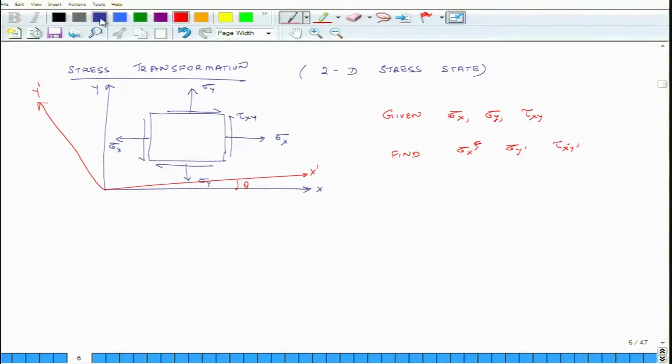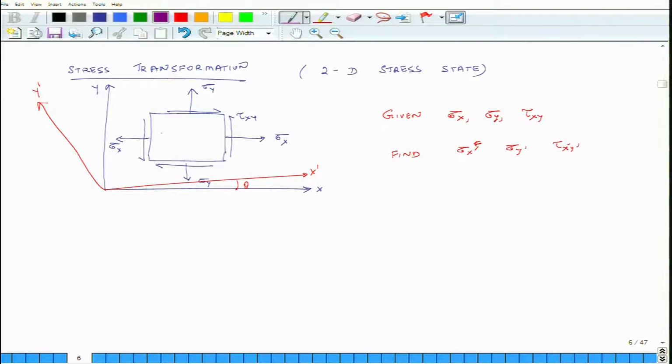So, what does that mean? What that means is that here the rectangular block, the top surface and the bottom surface were aligned with the x axis and the vertical surfaces were aligned with the y axis. But now what I am interested in finding out is the stress in the system.